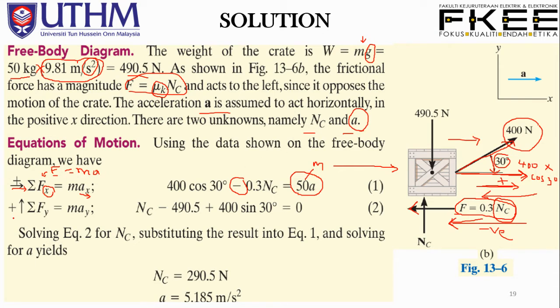And then for the Y direction, we assume that upward is positive. So the total of force acting along the Y axis equals m a, again the acceleration along the Y axis.